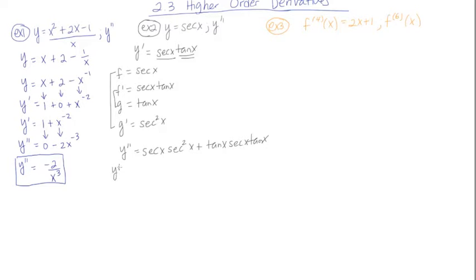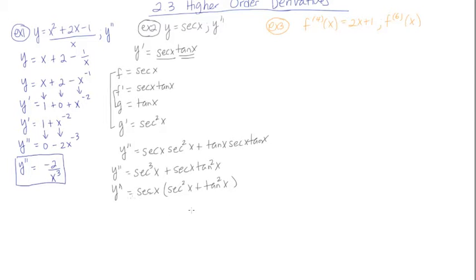If we clean this up, we end up getting secant cubed x plus secant x tan squared x. Factoring out a secant x, we're left with secant squared x plus tan squared x.